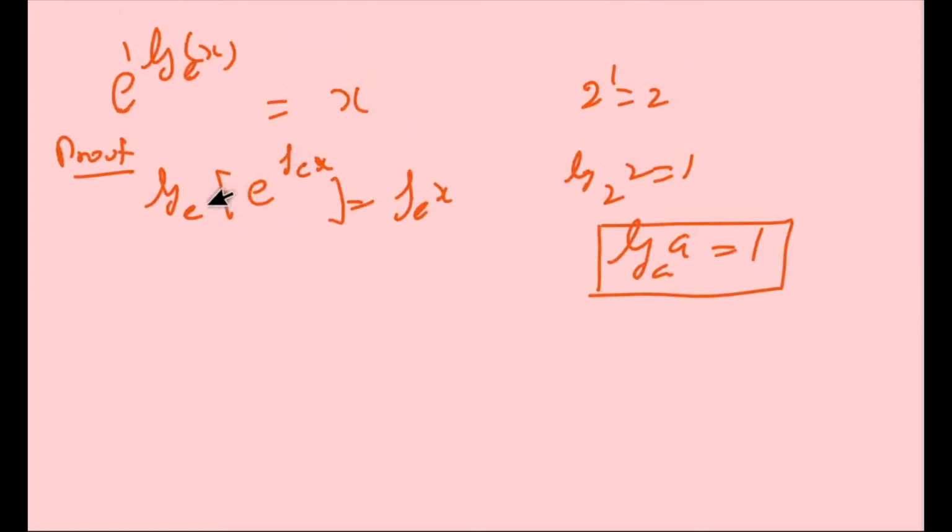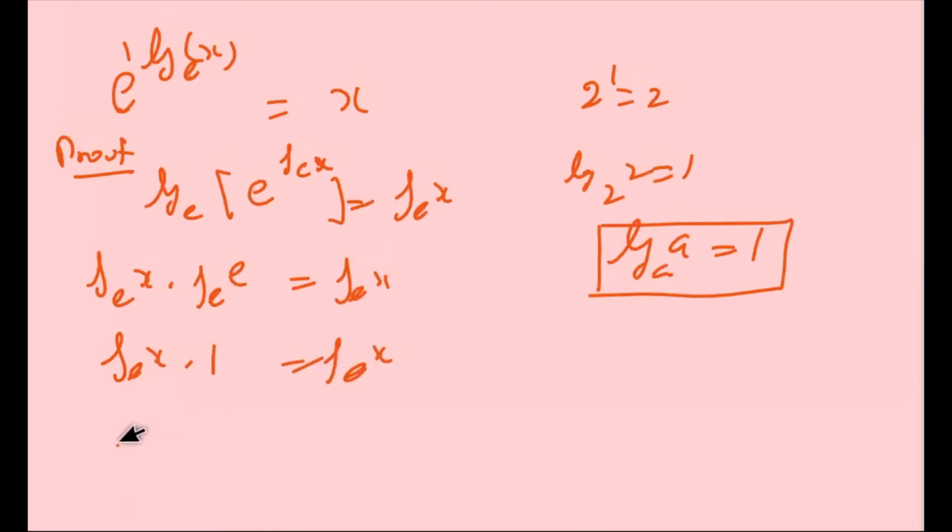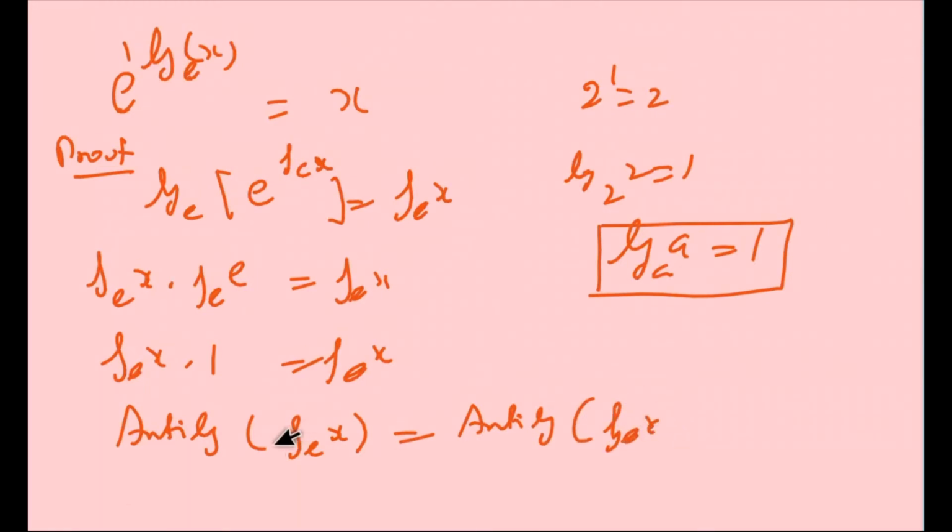So now here, log m to the power n, we can take as log x base e into log e base e equal to log x base e. Now what is the value of this using the formula? That is 1. So log x base e. Now taking anti-log on both sides. Anti-log means whatever is with the log, we have to take the opposite of that. So log is removed here.